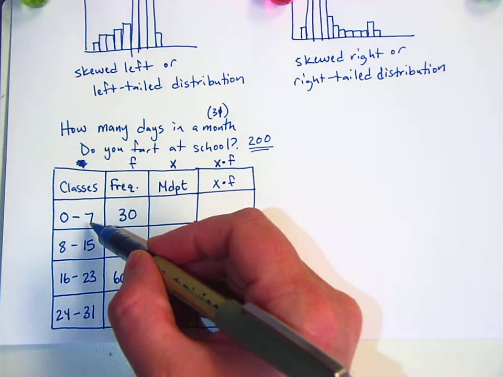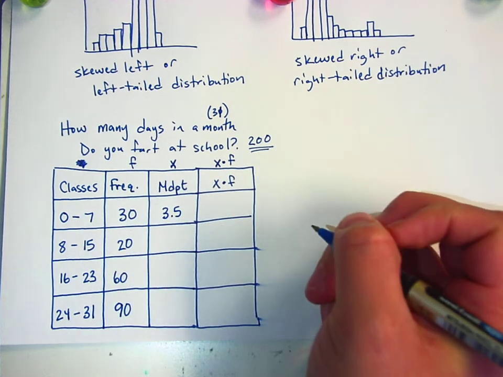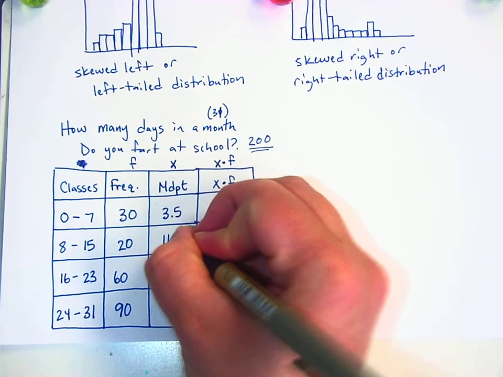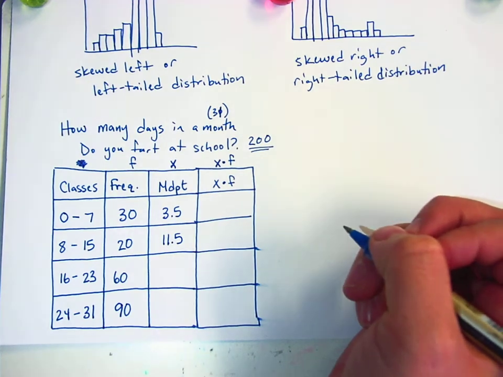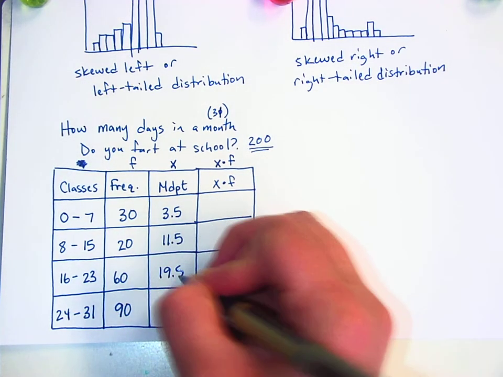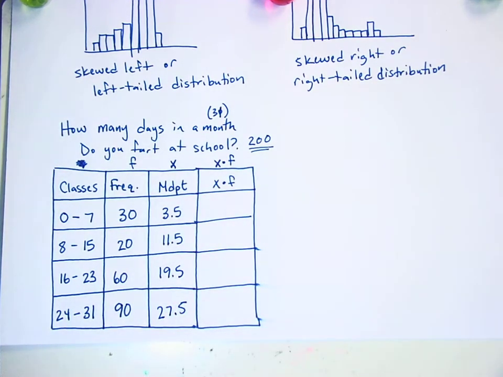So let's do it in our head. 7 plus 0 divided by 2 is what, 3.5? 8 plus 15 is 23, divided by 2 is 11.5. So that's going up by 8s as well, right? So this one would be 19.5. This one would be 27.5. Okay, so now grab a calculator and you're going to take x times the frequency and fill them all in.